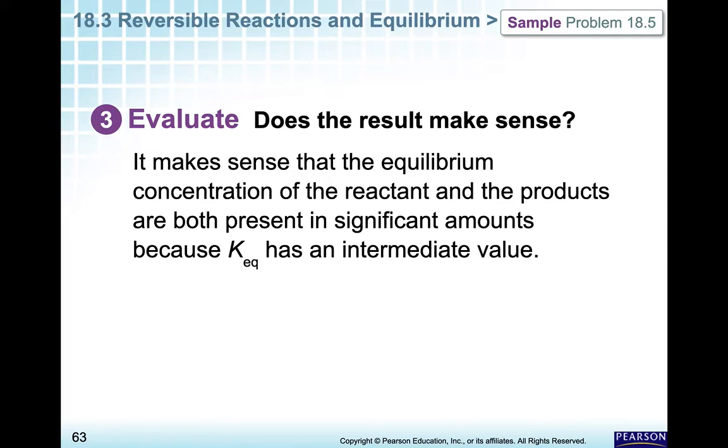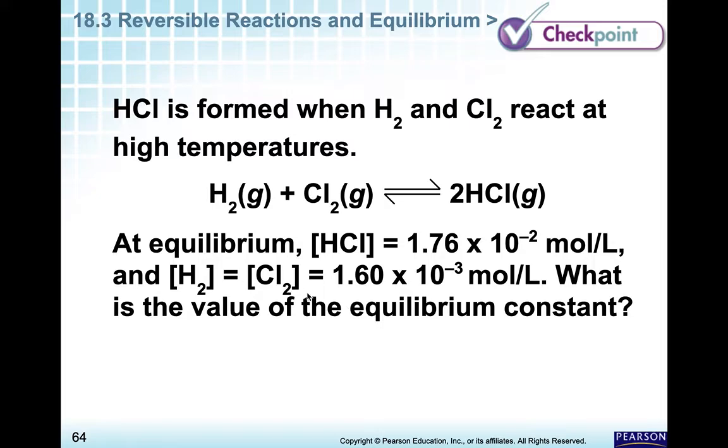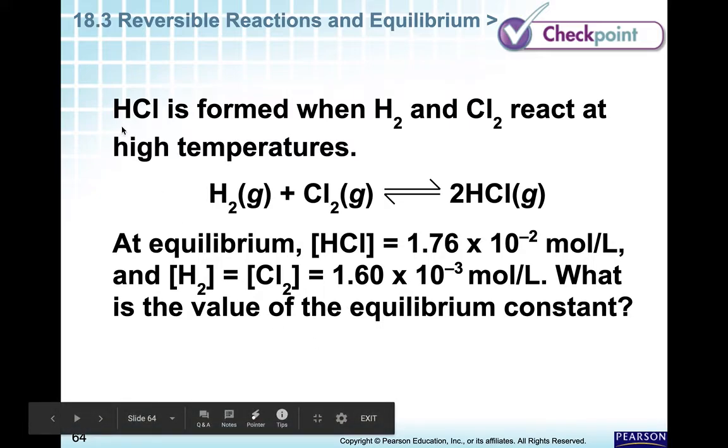And it should make sense that we've got a concentration fairly similar to the concentration of the products because our value for K was 11. It was an intermediate value, and we got a close enough concentration to show that both reactants and products were present at equilibrium.